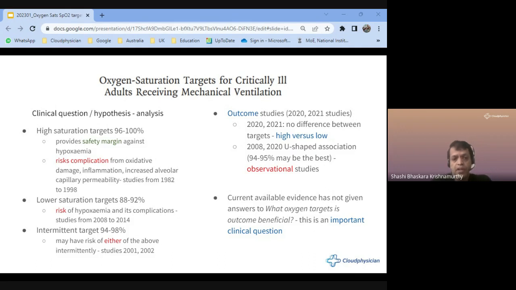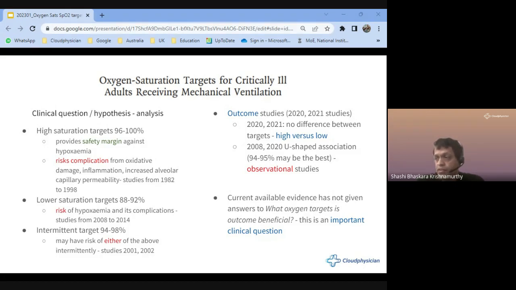There have been many outcome studies, which are of more interest for the last couple of decades, where clinical outcomes are seen rather than the pathophysiological effects. But most of the outcome studies were for high versus low, and were published in the 2020s and 2021.